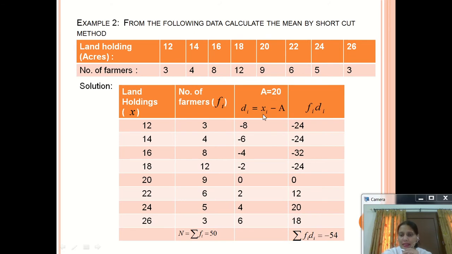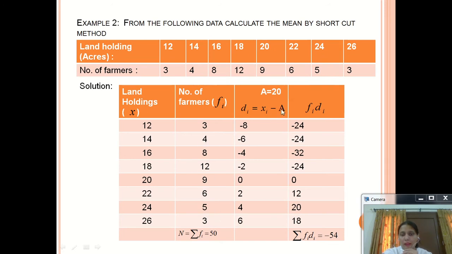So di is xi minus a. xi means 12, 12 minus 20 means minus 8. 14 minus 20 is minus 6. 18 minus 20 is minus 2. 20 minus 20 is 0, and so on. Calculate all these values. Also find summation of frequencies, capital N, by adding all this column.